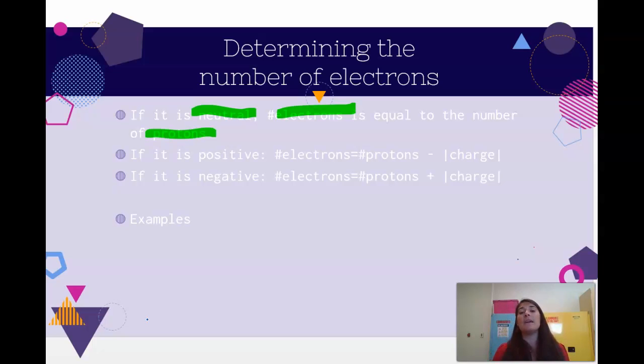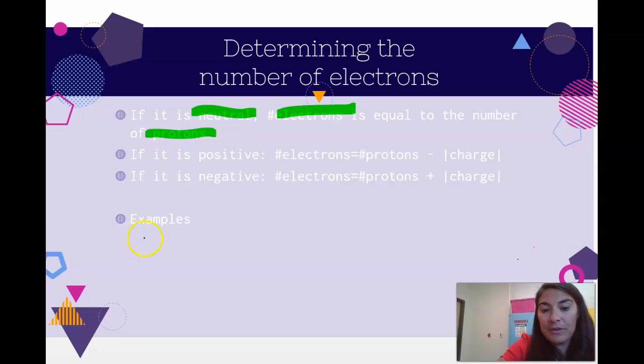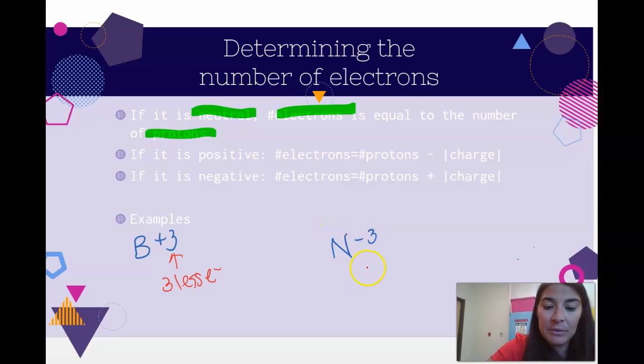And if something is negative, there are that many more electrons. So for example, if you're talking about boron with a +3 charge, that +3 is telling you that there are 3 less electrons, whereas if you were talking about something like nitrogen with a -3 charge, then you are saying that there are 3 more electrons.